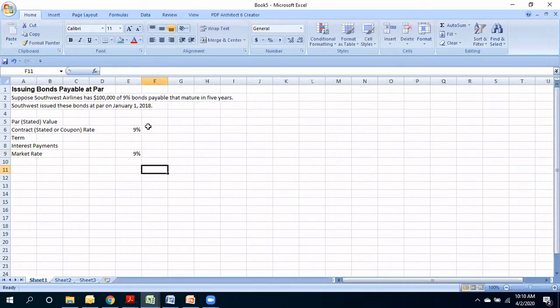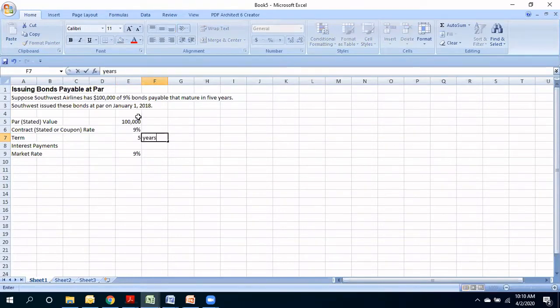I've set up a little chart with the par value, the stated value of 100,000. I've already put the contract rate, the coupon rate of 9%. The term is 5 years.